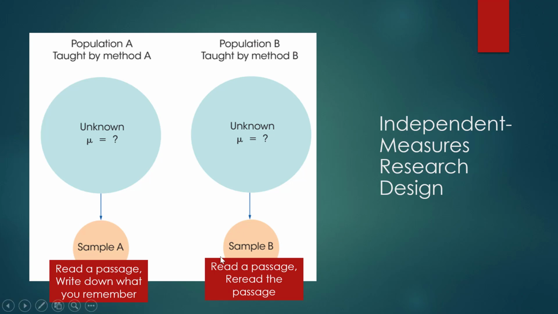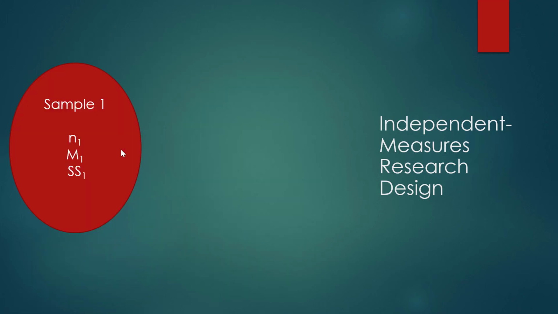So again, here you're comparing 2 sample means. The groups differ in the way that they try to remember that information. So again, we're comparing these sample means because we don't know the population means. And that's, again, the beauty of the t-test.